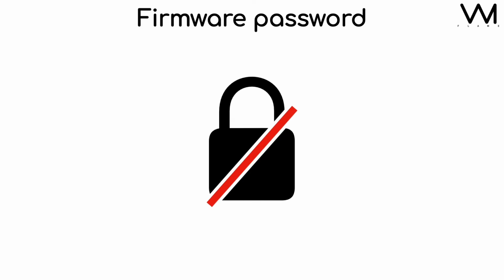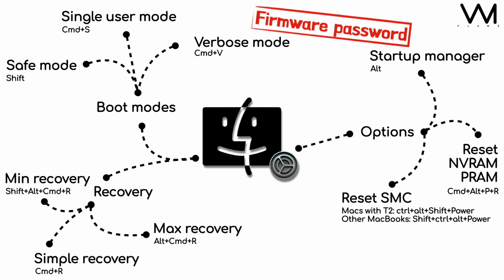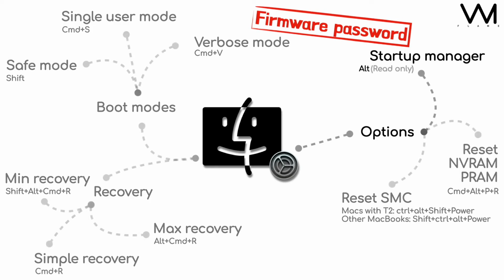And now, let's go to the other thing. Question: is there anything that can prevent you from doing all this crazy stuff? Well, there is one. Something called Firmware Password. Well, if you have a Firmware Password applied to your Mac, most of the features will disappear. Only Startup Manager will work.